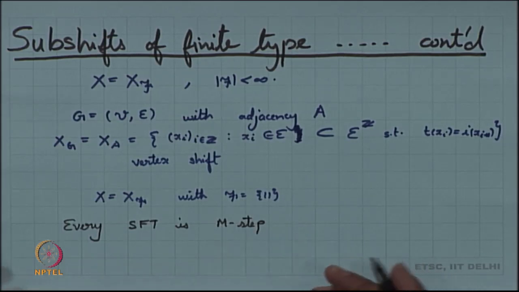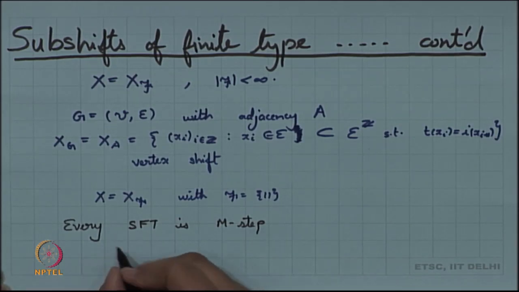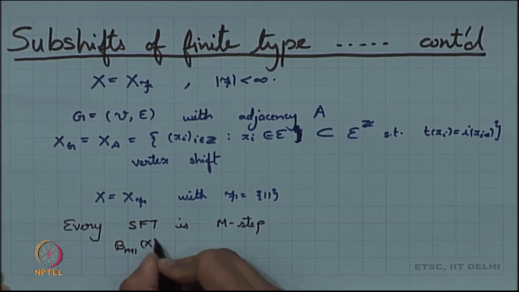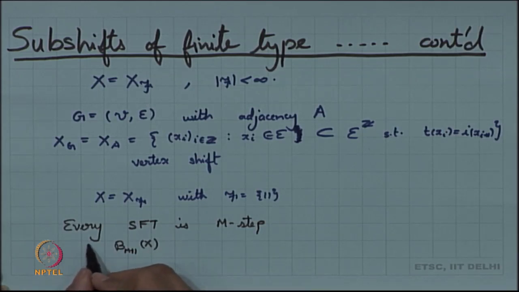There is some m for which it is an m-step subshift of finite type, and for this, you consider B_{m+1}(X), which is basically the set of all admissible blocks of X, and then look into this as your edge shift.